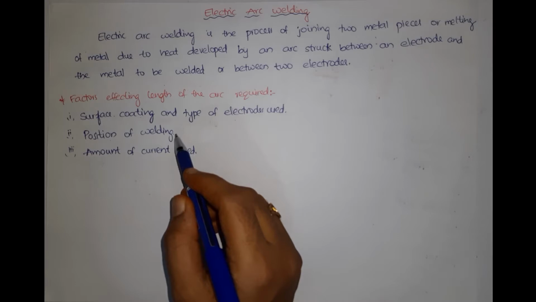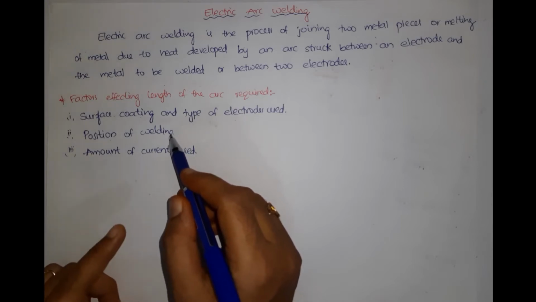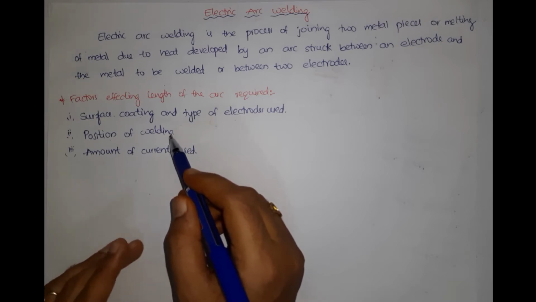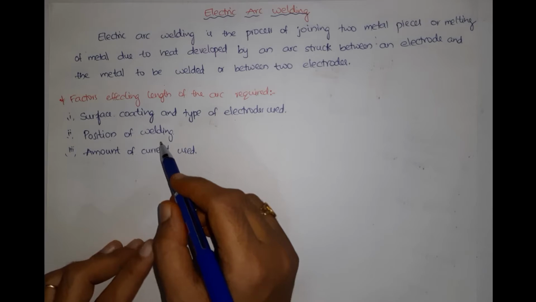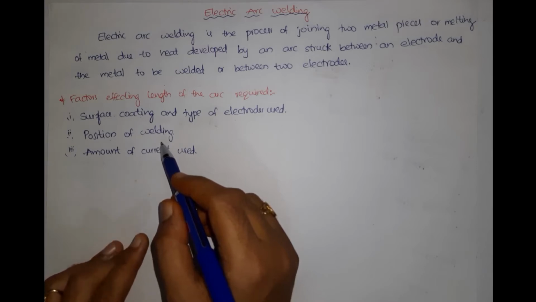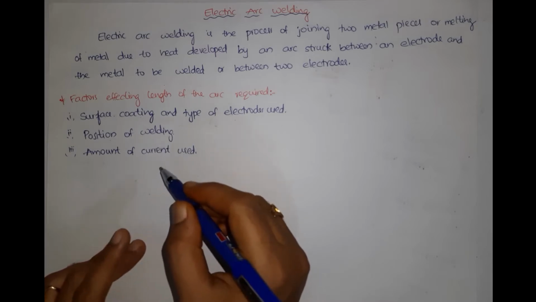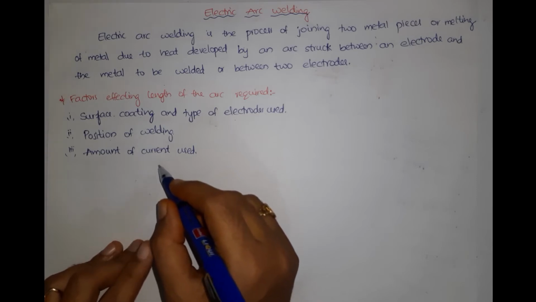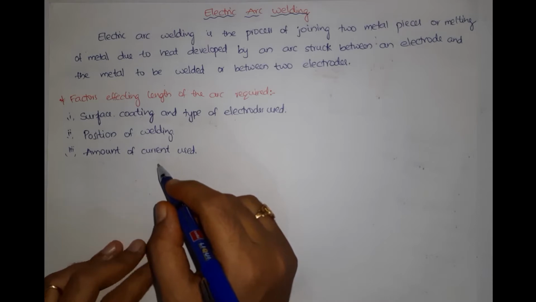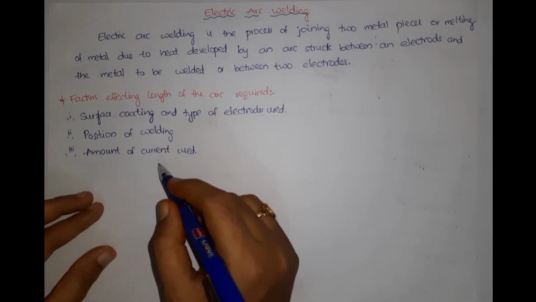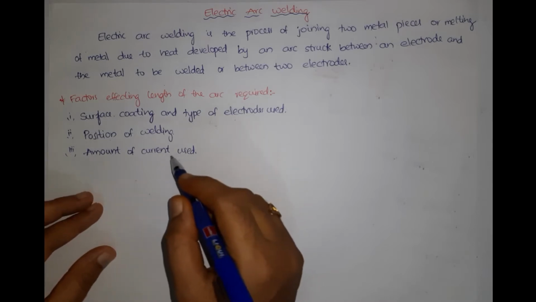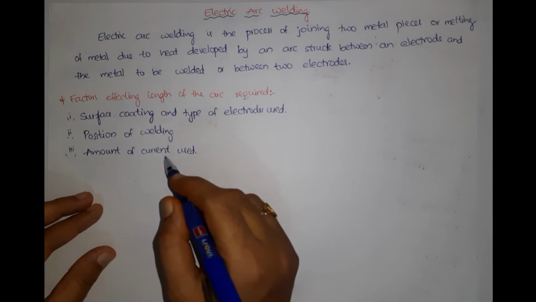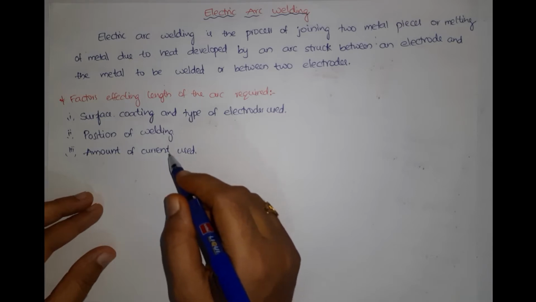In this process, an arc is produced by bringing two conductors, that may be an electrode and a metal piece, connected with a suitable source of electric current, that may be AC or DC. They are brought together for a few seconds, and after that they are separated by a small gap, due to which an arc is formed between the two contacts, that is the electrode and the metal piece, right?